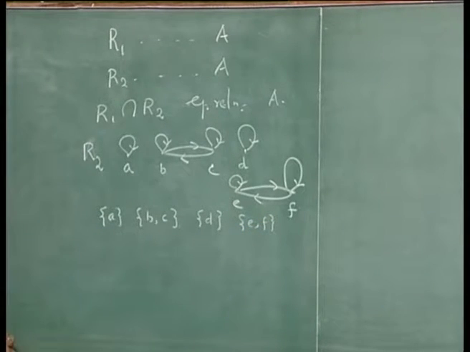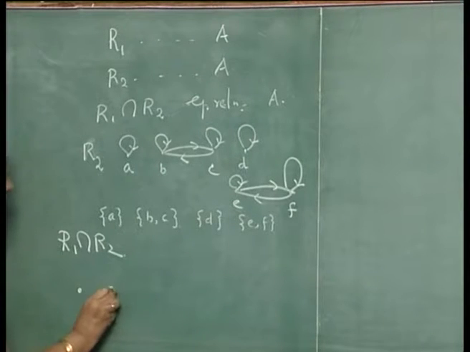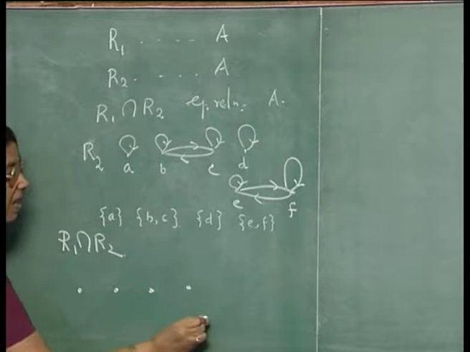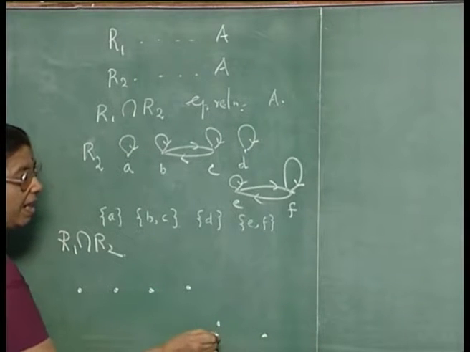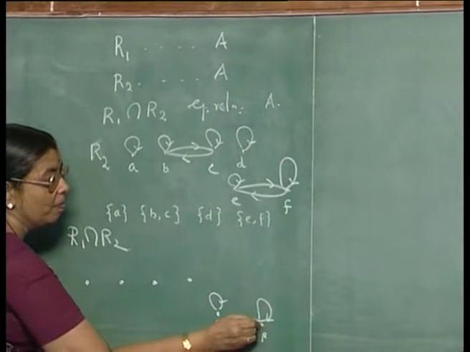Now, what can you say about R1 intersection R2? It will have all the arcs which are present both in R1 and R2. So, you will find that E, F, these arcs are present in both.